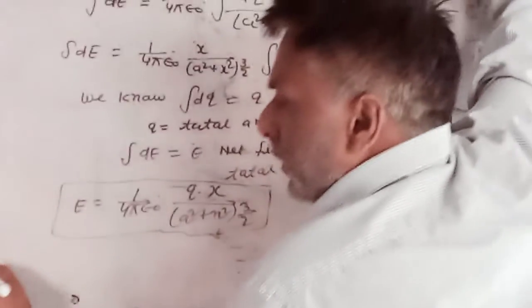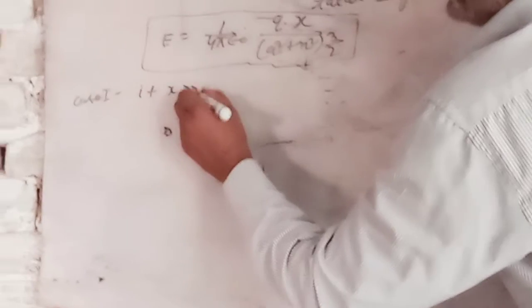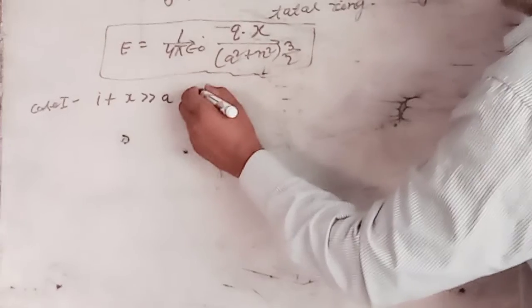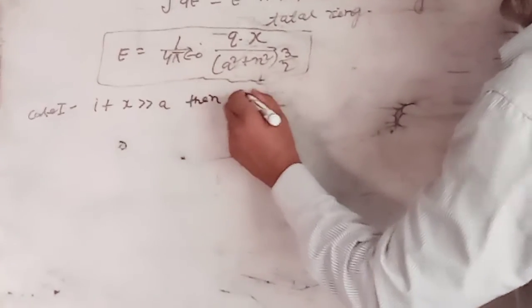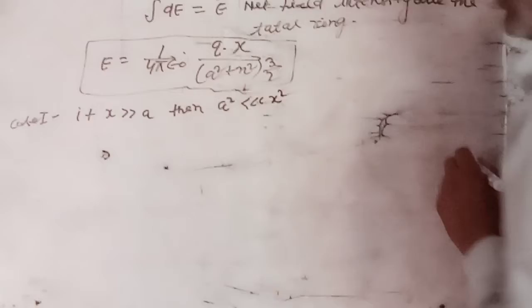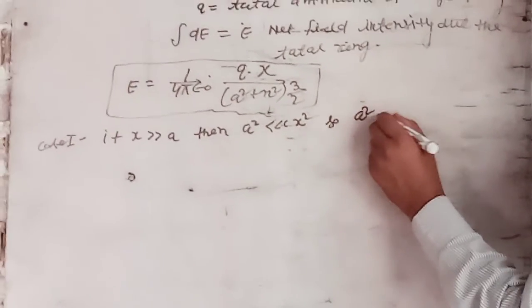Special case first. If x is very much greater than a, then a square is very much less than x square, so a square is neglected.